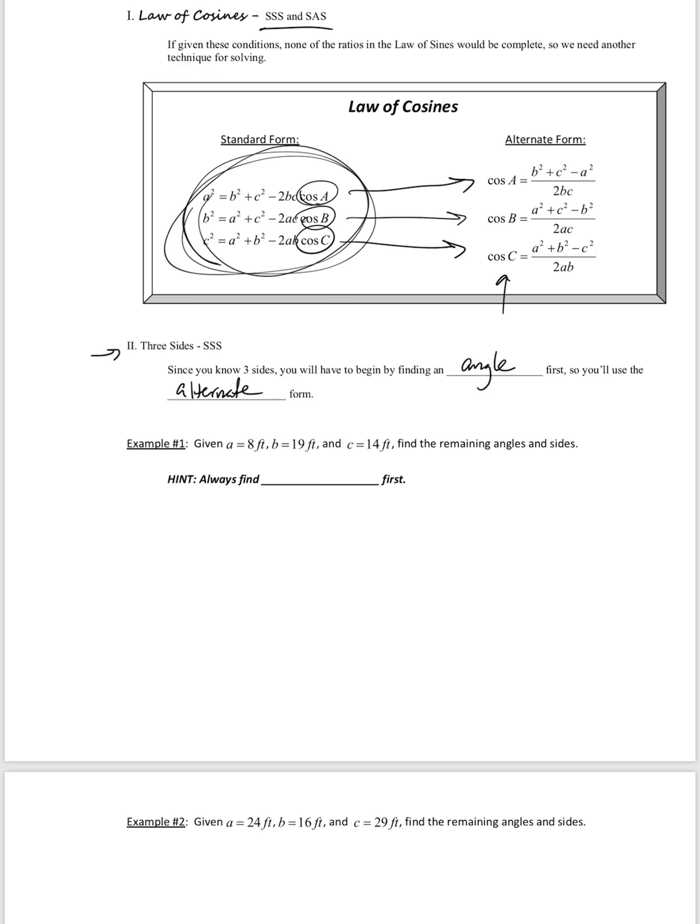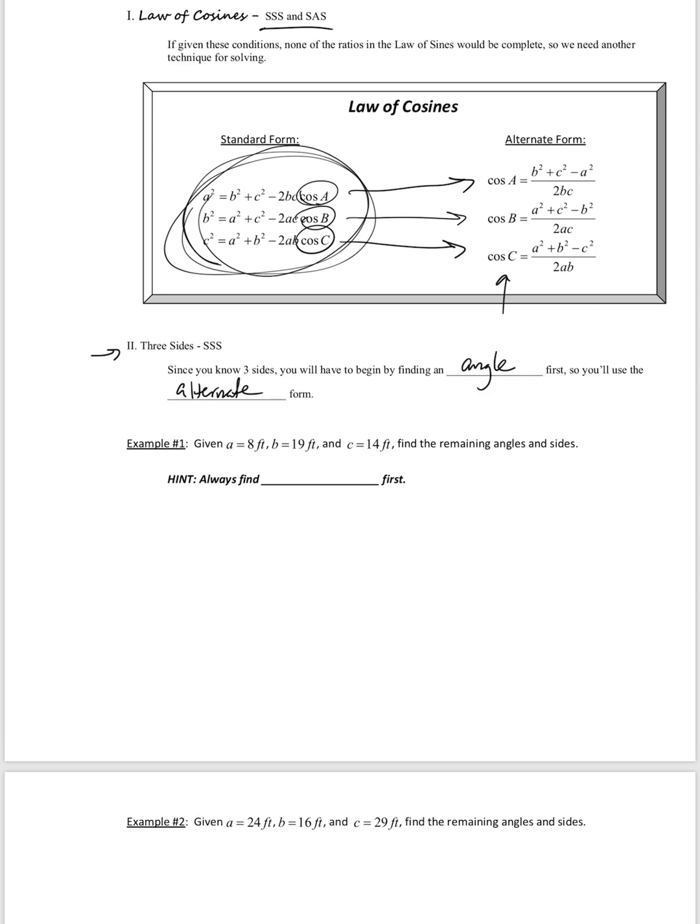Not that it's hard, but it's a lot more to plug in and to keep track of in your calculator. So we're going to try to find an angle first, and then we can either use another law of cosines form to find another angle, or we could use the law of sines.